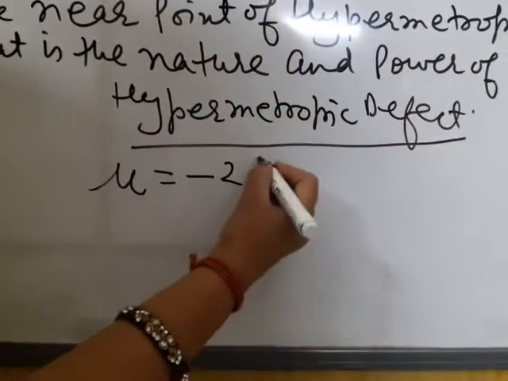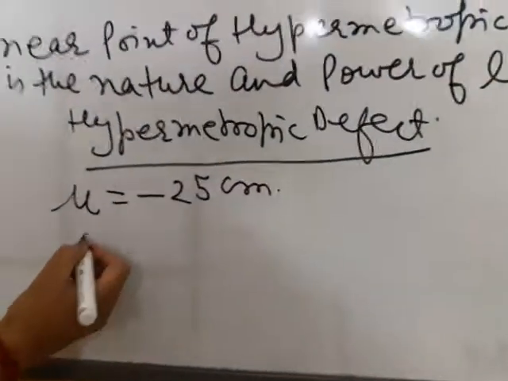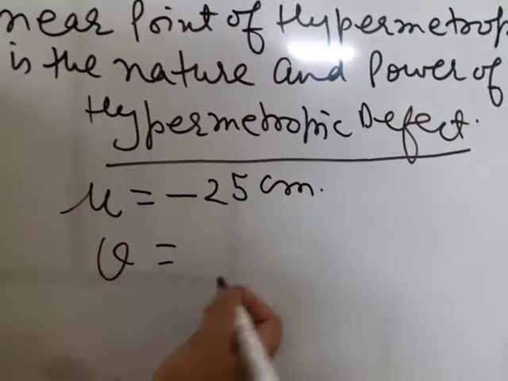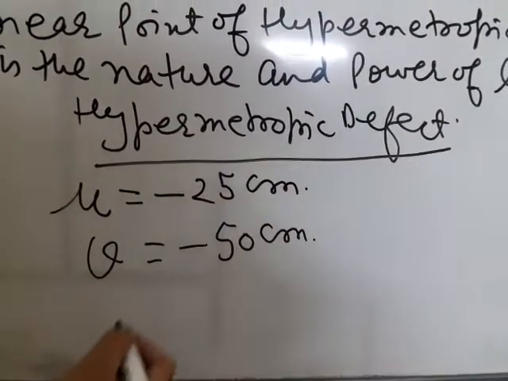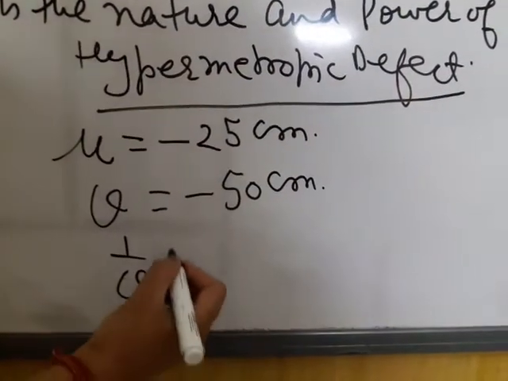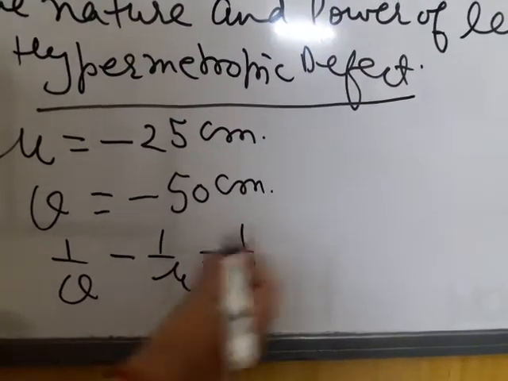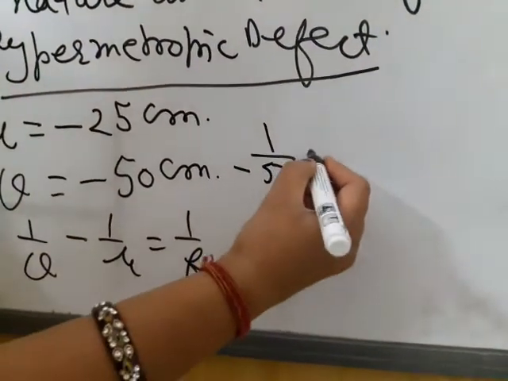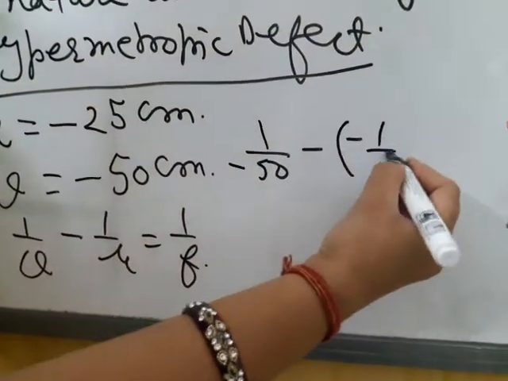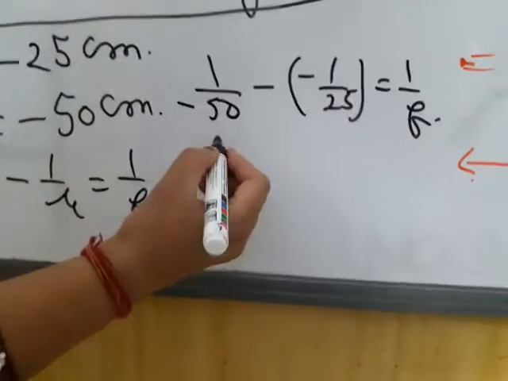Now what is U for the hypermetropic eye? It is minus 25 centimeter. But where the image is formed for the hypermetropic eye, it is minus 50 centimeter. Again we will apply the lens formula and solve it. So 1 upon minus 50 minus 1 upon minus 25 is equal to 1 by f.